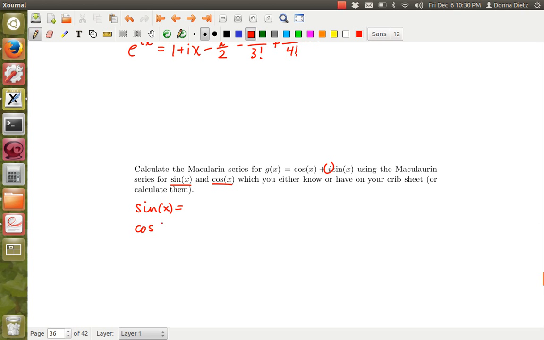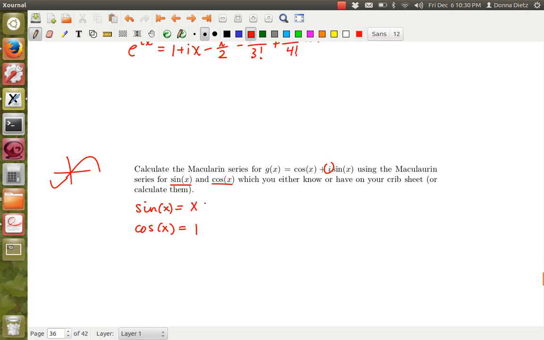And how do we know these? Because cosine starts at 1. So cosine of 0 is 1, so that's pretty easy. Sine of 0 is 0, so there's no 0. So the first thing you see on sine is the x. So if you think about what the sine looks like, it looks like x, close to the origin, right? So the first term is x, right?